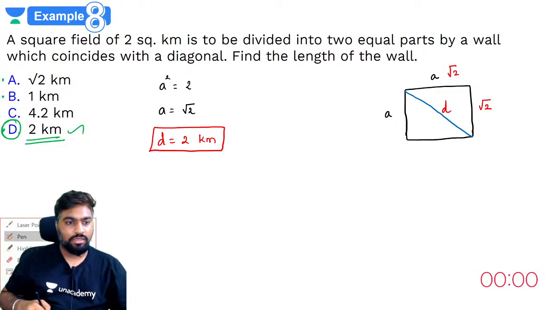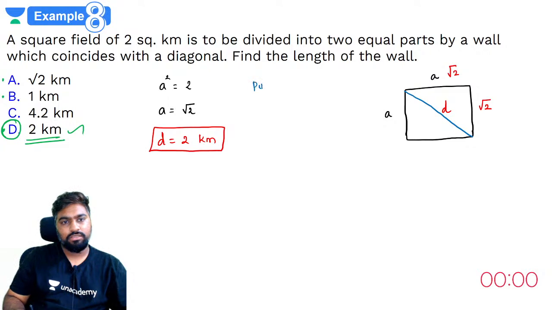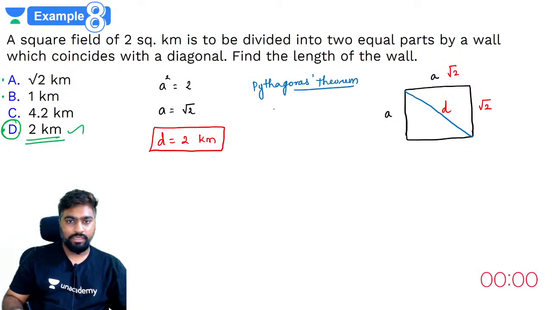समझ रहे हो? Use Pythagoras और use 45, 45, 90, whatever. यहाँ पे Pythagoras theorem use करने पे क्या आएगा? You would get D square is equal to A square plus A square. Correct?